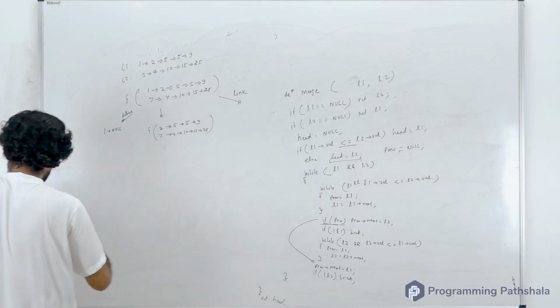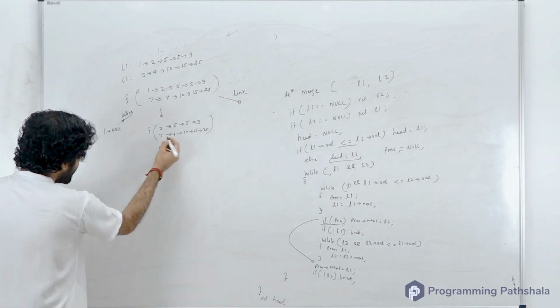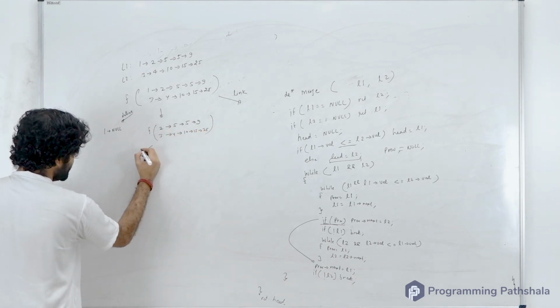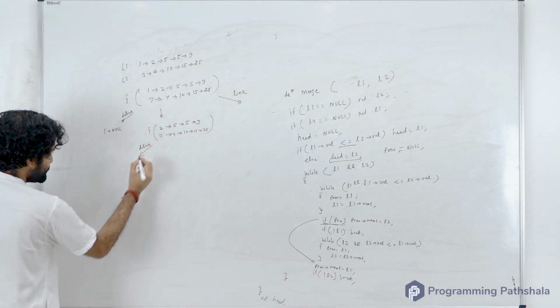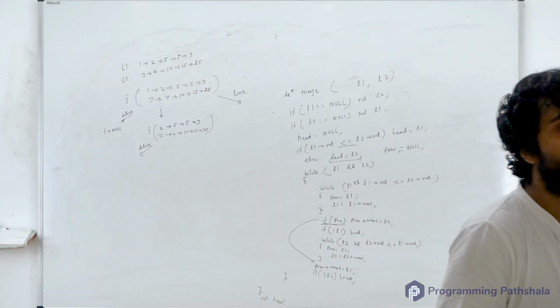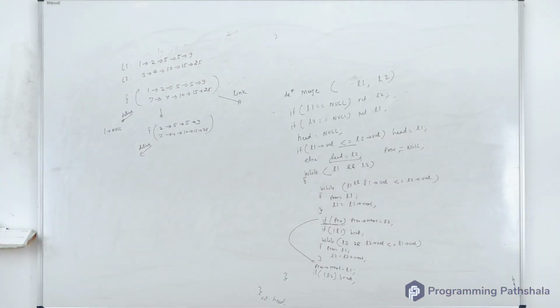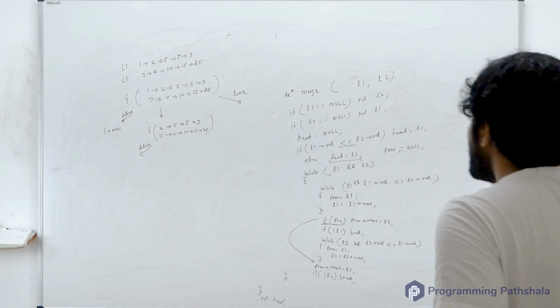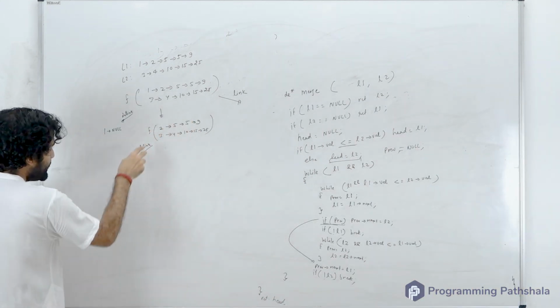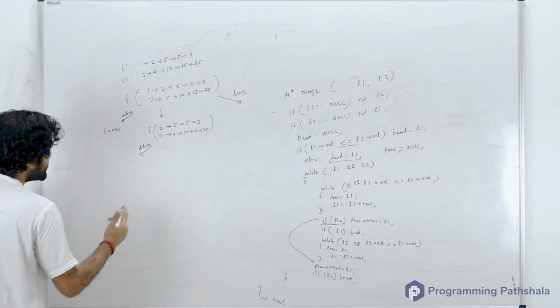So let me take it ahead. Can you tell me what you will do when this function is called? First part would be to delink. Which node will you delink? 2 or 3? You delink 2 because the minimum of 2 and 3 is 2, right? So the merged linked list of this will have this 2 as its head. Even if they are equal, you can choose any and delink, it doesn't really matter.